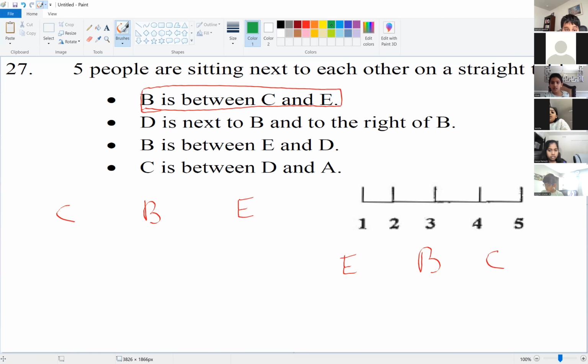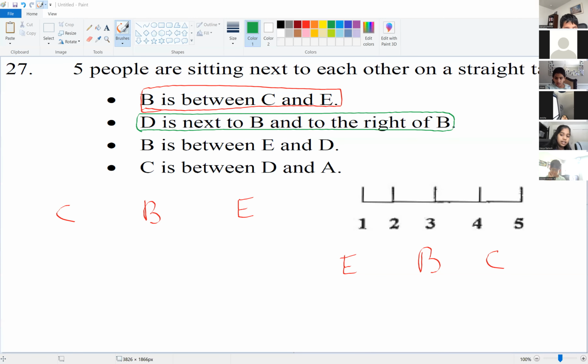Okay. So next. D is next to B and right of C. So where would I put D? D would be to the right of B. So that means it will be here or here. Either one.